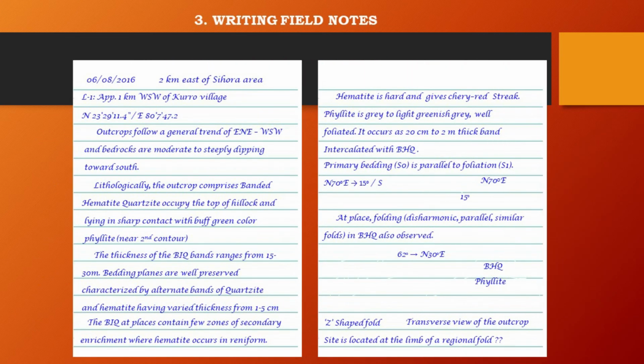Writing the field notes, we should first of all write the date and the location of a particular area. Then we should note down our observations regarding the lithological and structural attributes and their interpretation. The field notes are also accompanied by sketches, which are used to infer the regional geological interpretation of a particular area.